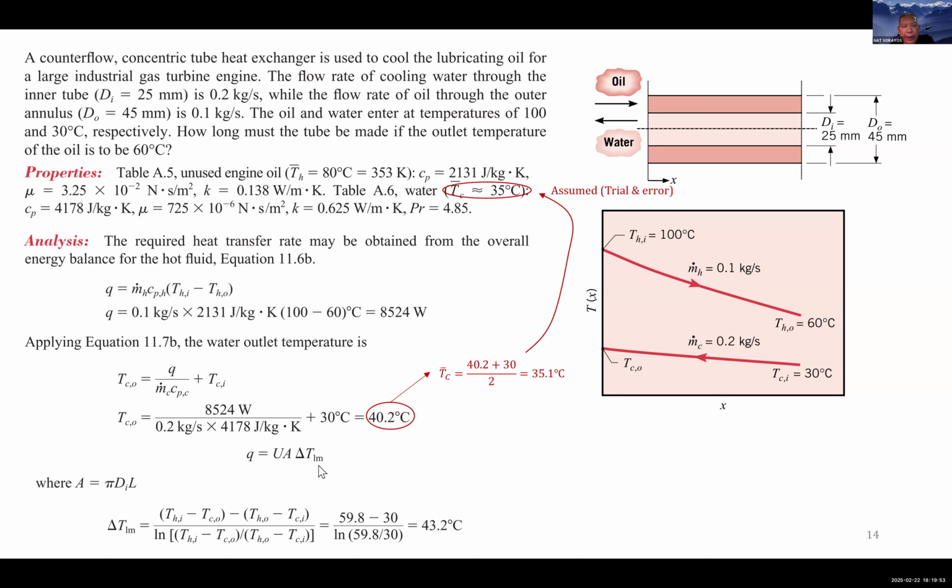And you plug in over here, knowing that Q right here is equal to 8524. Okay, however, U over here is something that you kind of have to review, everything you learned on how to find the UA.